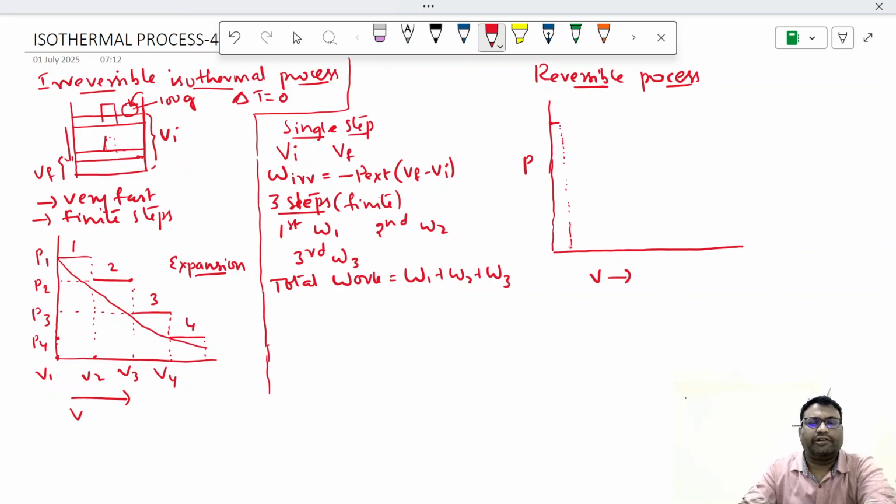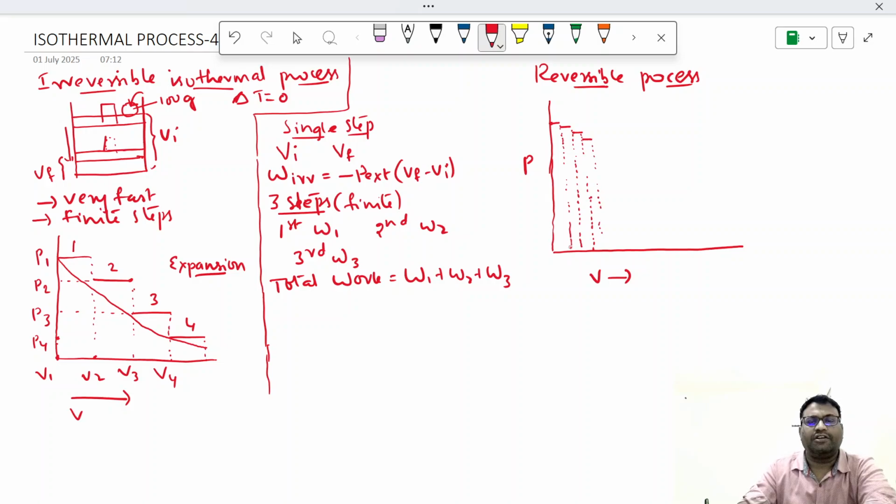Next, pressure is changing and a very small change in the value. Again, let us take a very small change. We know that a reversible process is a hypothetical process, an ideal process. Okay, not practically possible. Again, with some less pressure, small change in the value. So in this way, the process is happening in how many steps? Infinite steps.